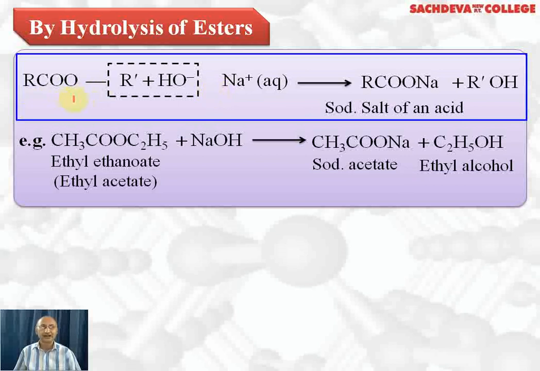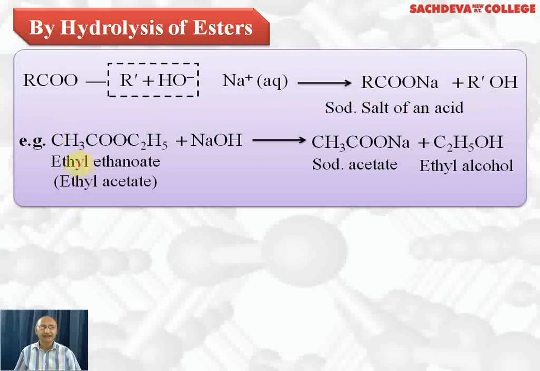So RCOOR' is an ester which is reacting with NaOH, resulting in the formation of R'OH plus sodium salt of fatty acid, RCOONa. This is sodium salt of carboxylic acid. Sodium salt of fatty acid is called soap. And in saponification of glyceryl ester of fatty acid, glycerol will be formed. Here alcohol is being formed.